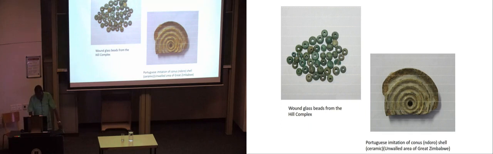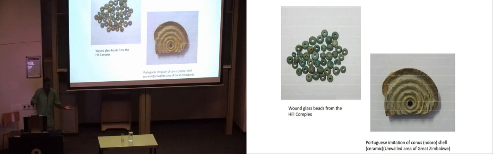But then we are also finding this material which we know is Portuguese. So what could be happening here? Could it be that this material post-dates Great Zimbabwe? It's a possibility, but there are also some glass beads that would place this object right within the time of the Portuguese and show that the people at Great Zimbabwe accessed glass beads that were also used during the time of the Portuguese.